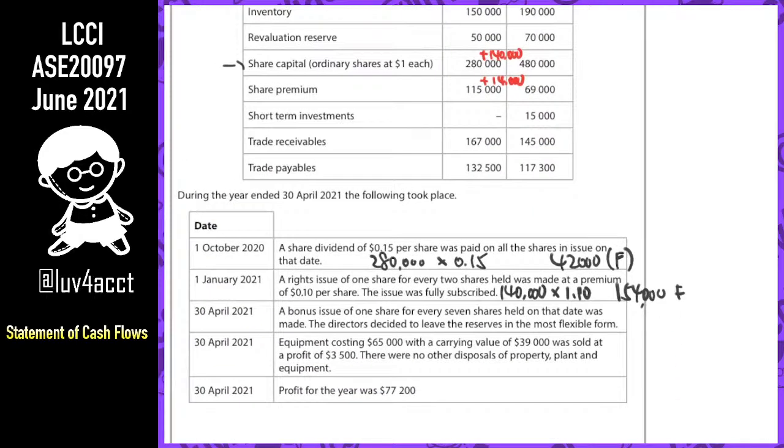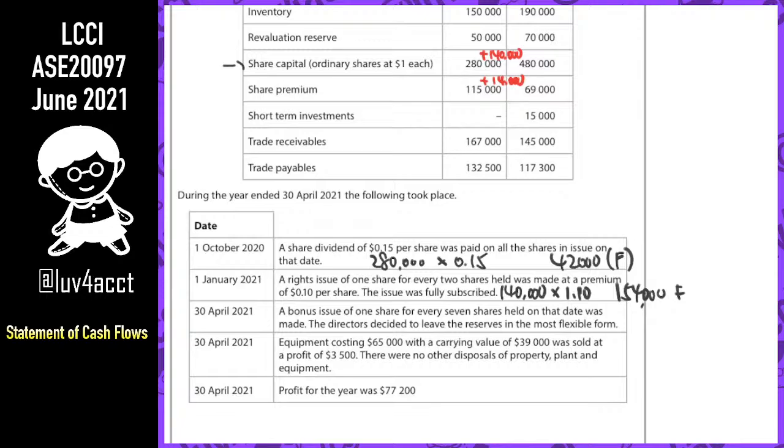Next, a bonus issue. 4 months later, we also have one bonus issue, 1 share for every 7 shares held on that day. For a bonus issue, there is no cash received, and the money is from reserves. So let us look at how much.